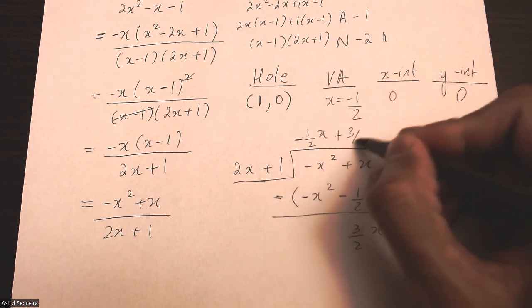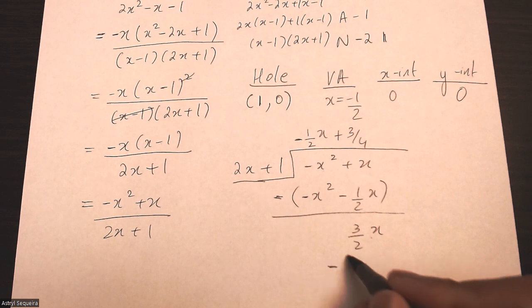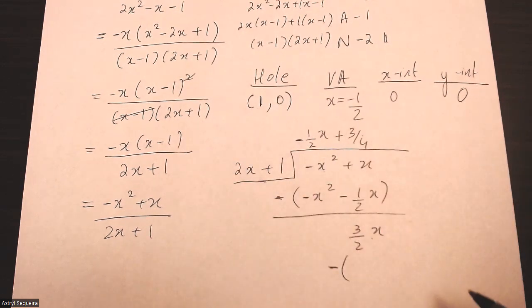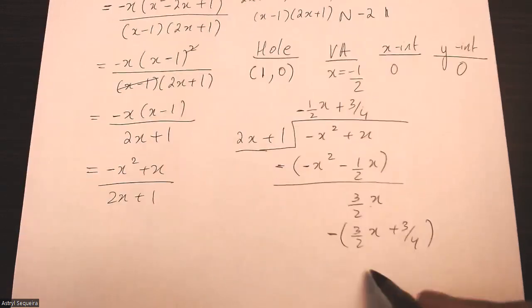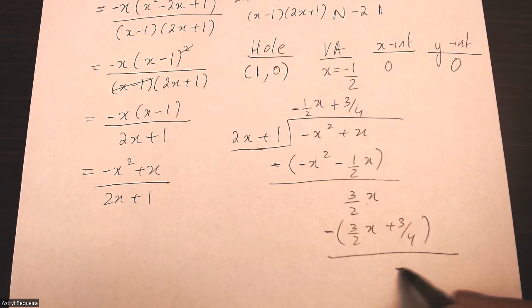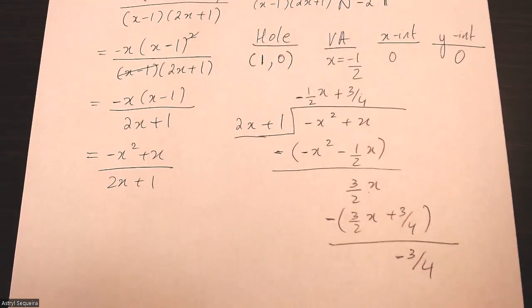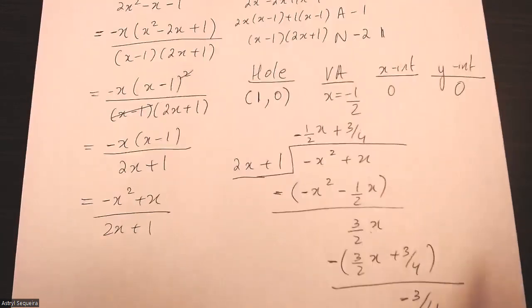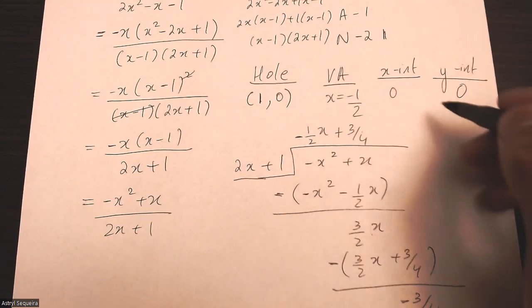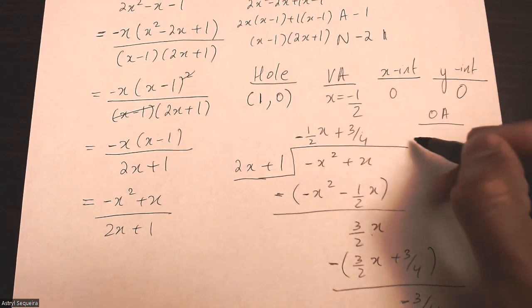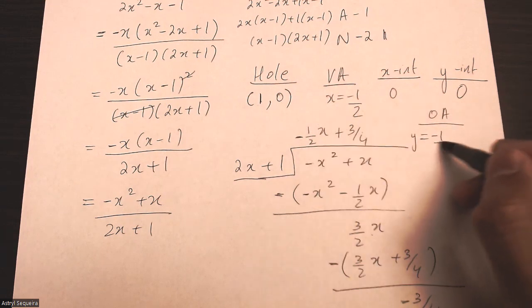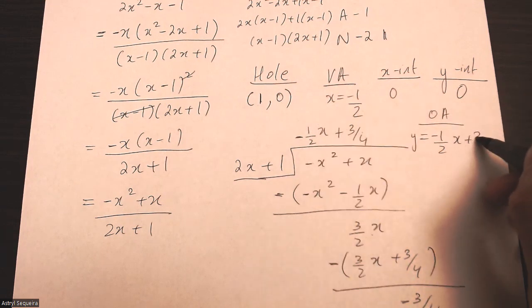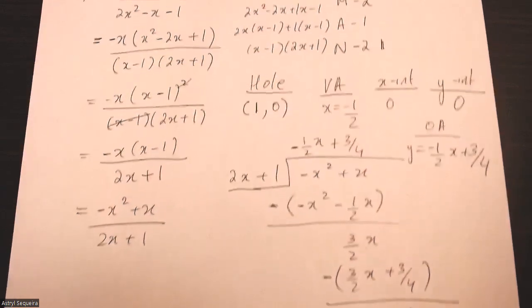This is plus 3 over 4, and we can multiply this with this. That's just 3 over 2x plus 3 over 4, and then if I do the subtraction, I'm left with the remainder of negative 3 over 4, which is not super important. It's the top that we want, so our oblique asymptote is y equals negative 1 over 2x plus 3 over 4.